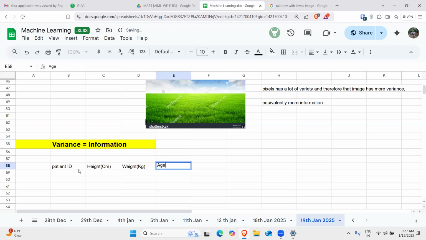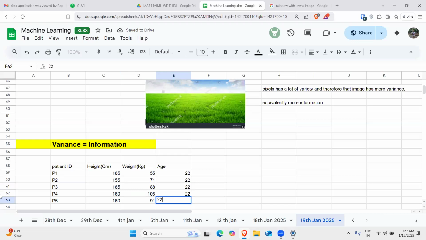We have patients P1, P2, P3, P4, P5. Height is 165, 155, 165, 160, and 160. Weight is 55, 71, 88, 105, 94. Age is 22, 22, 22, 22, 22. Right? Let's try to understand this now.